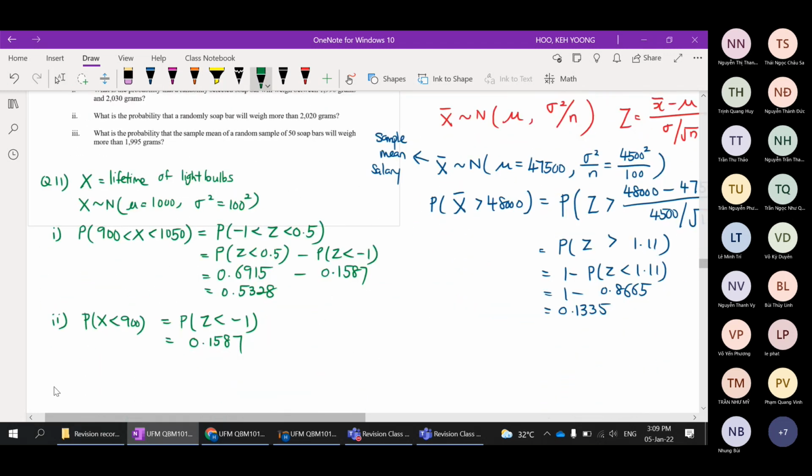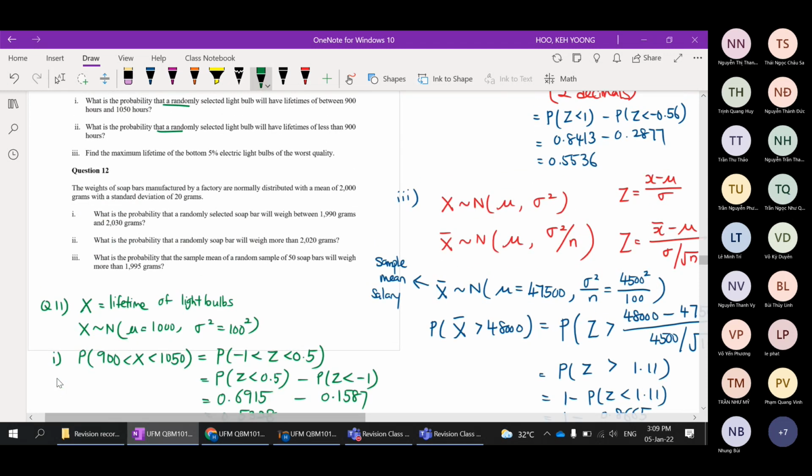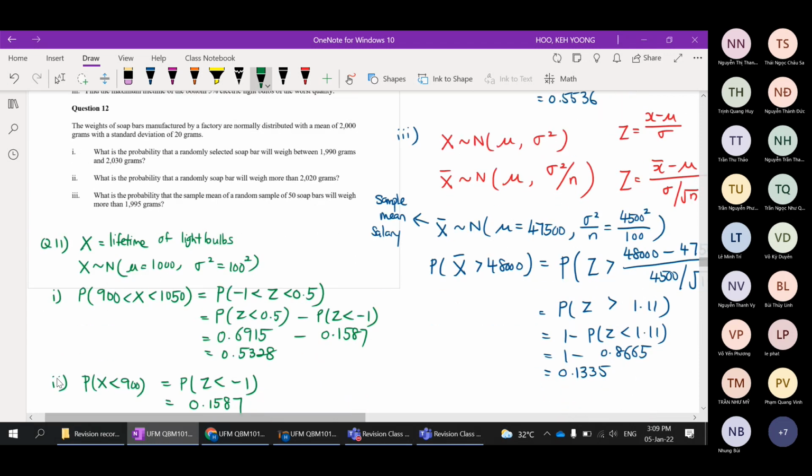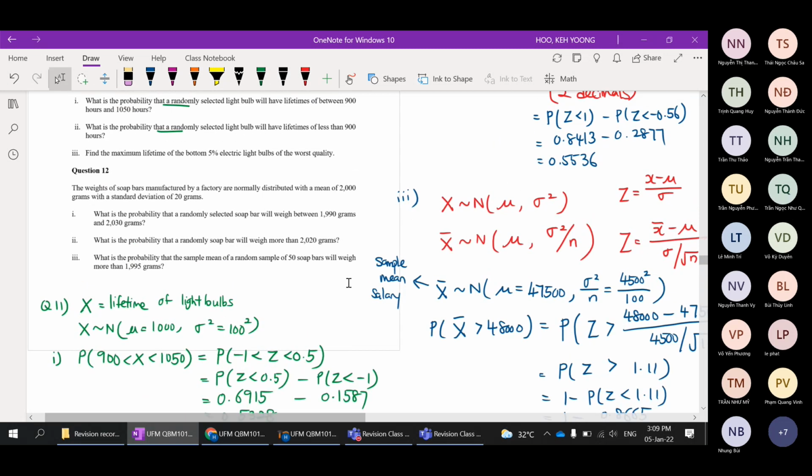Okay, question 3. Find the maximum lifetime of the bottom 5%. This time we are looking at the bottom 5%, the worst quality, meaning they will have a lifetime less than the mean.